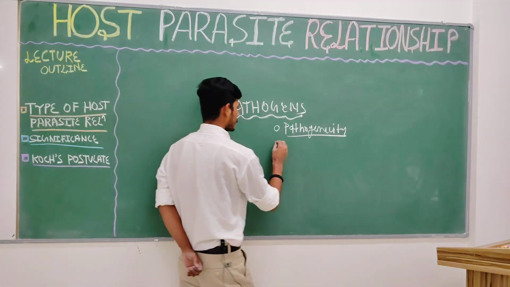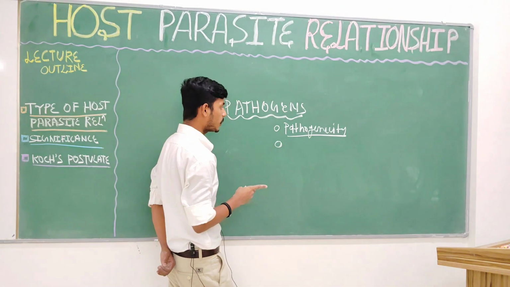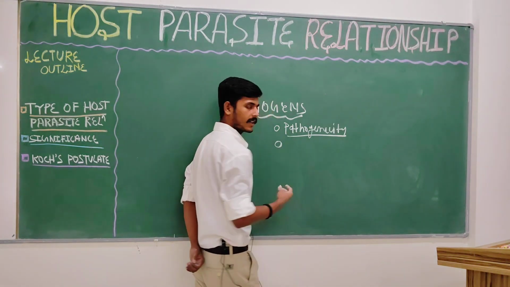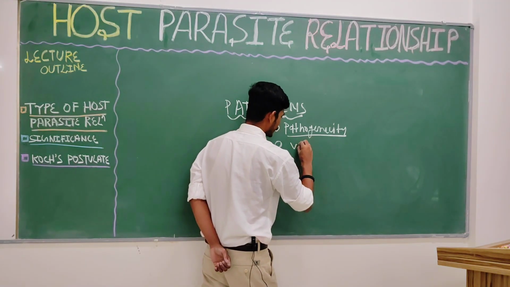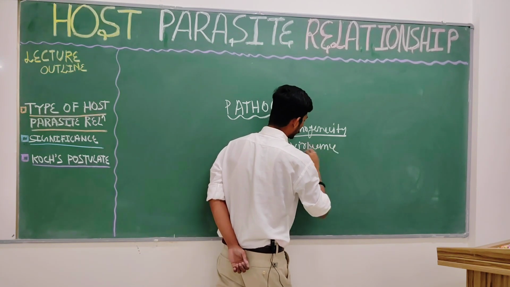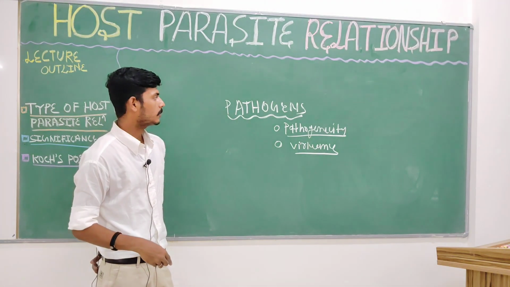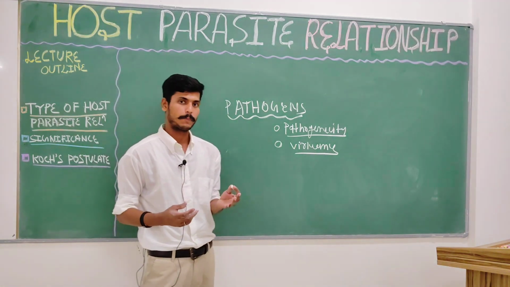Sometimes one interchangeable word is also used, but that's not appropriate, and that's not a synonymous word, which we will discuss in upcoming lectures. They also sometimes use virulence. So both these terms denote the disease-causing ability of the pathogens.